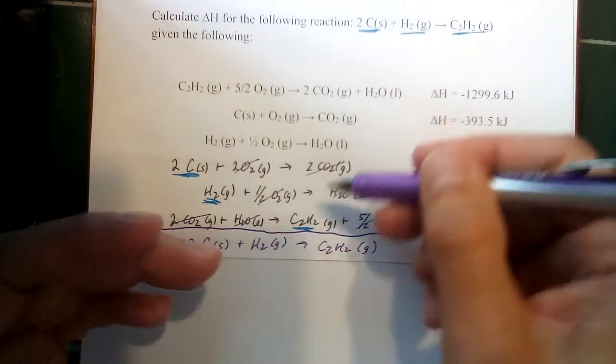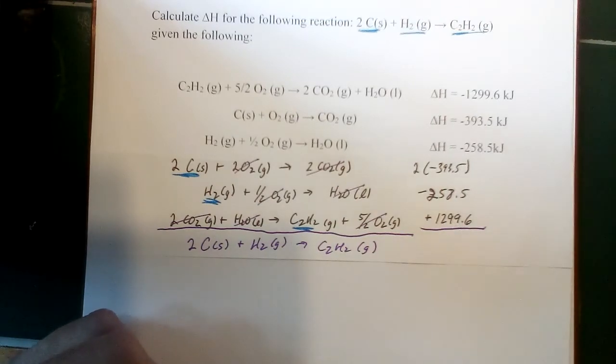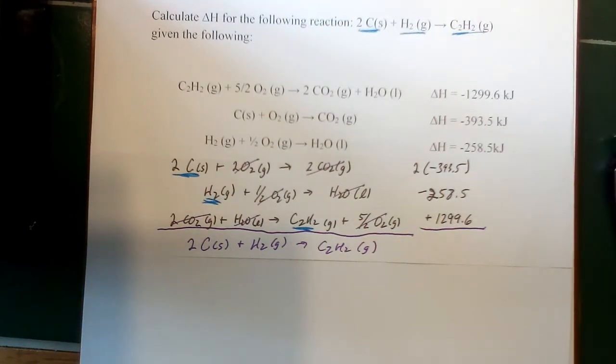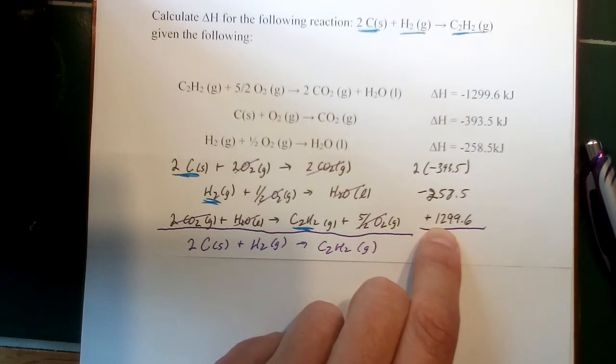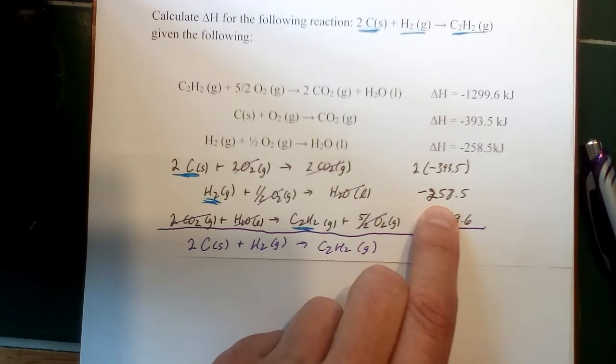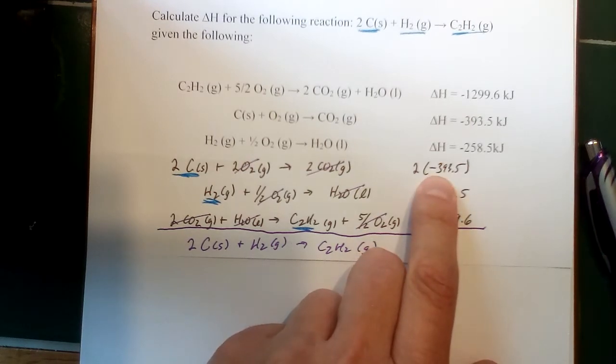So if you set it up kind of the way I did, all we need to do is do the math here, combine this. Now we do have to be very careful of the negatives here. So I'm going to start with the 1299.6, and then I can subtract the others. 1299.6 minus 258.5, okay, and then minus 393.5, but I need to do that twice.